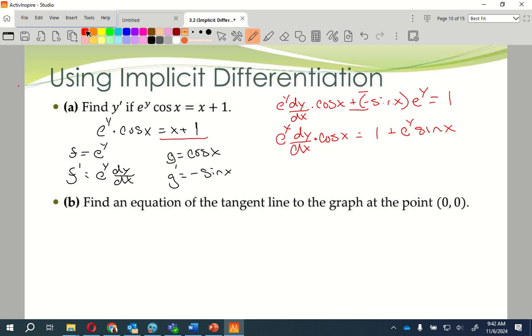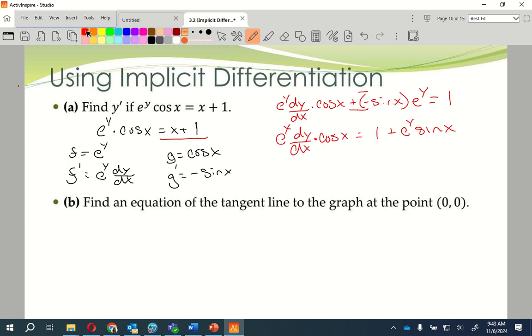And what do I need to get? So my e to the y and the cosine x is doing what to my dy dx? Yeah, it's multiplying. Like I said, this is just ugly algebra. So if it's multiplication, to undo the multiplication, I need to divide both sides.